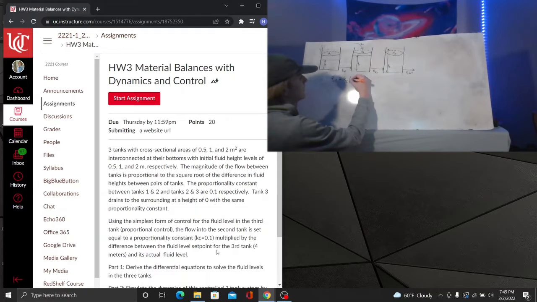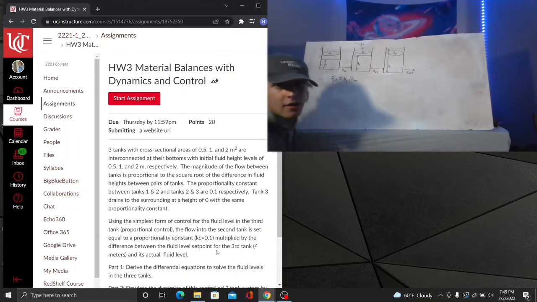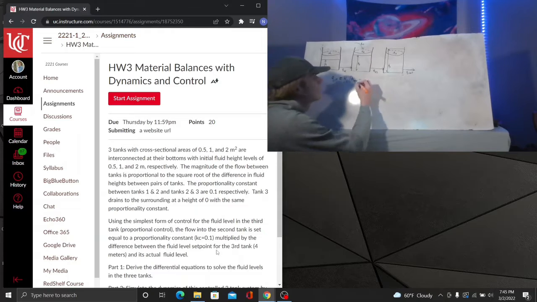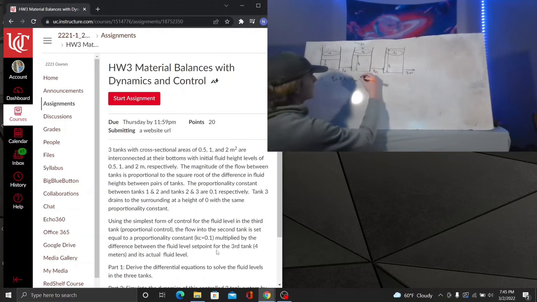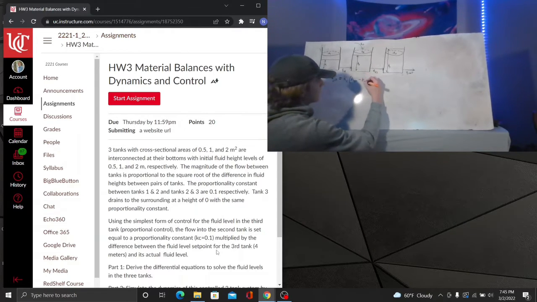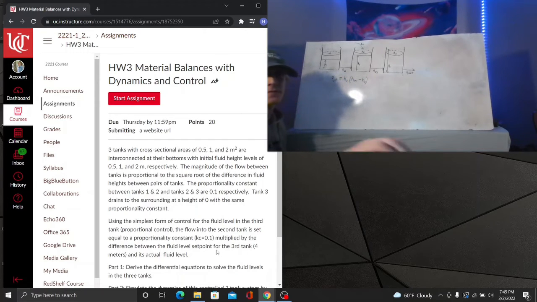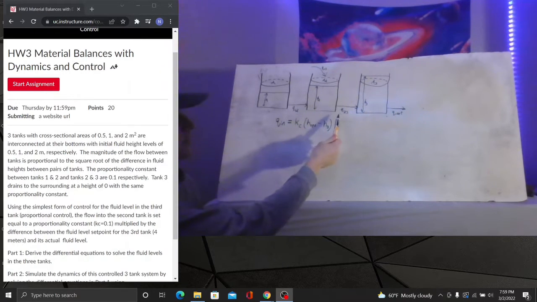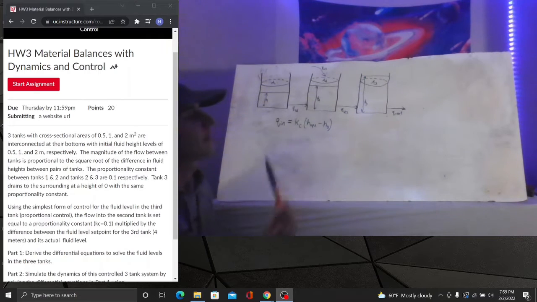So we're going to call that height set point for 3 minus the actual height of 3. So now our goal is to get Q12, Q23, and Q out.